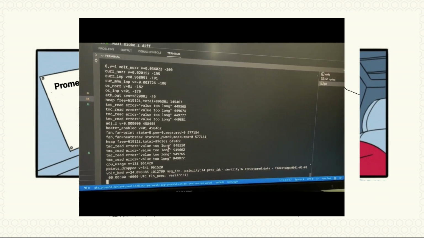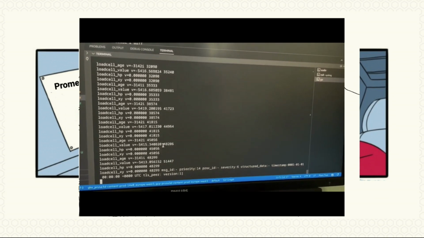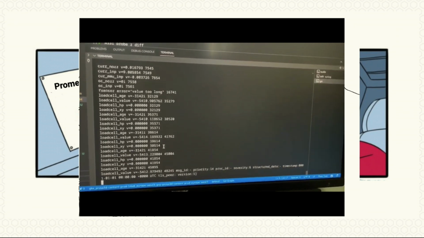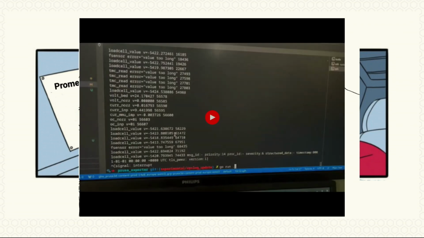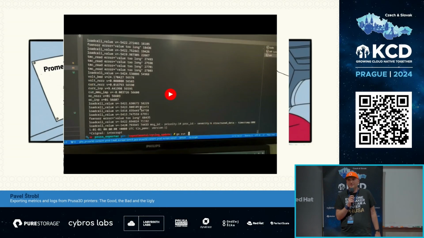Yeah, standard set of metrics. And this is one printer. Just imagine you have like 20 or 50 or 100 or a few hundred printers. What it can do to your network. This is fine.